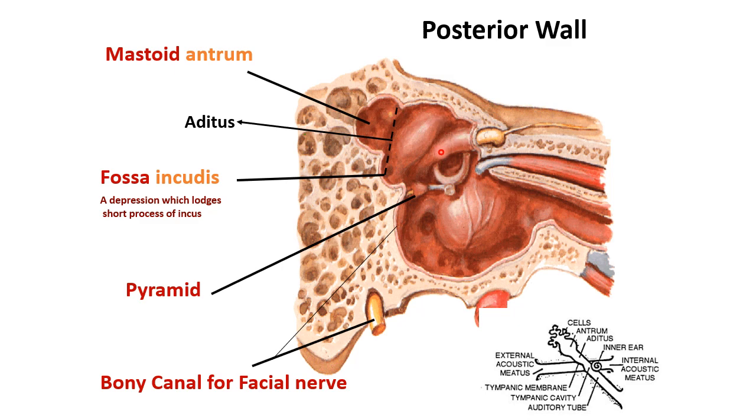It runs through the medial wall and then comes onto the posterior wall. It's running in a bony canal and exits through the stylomastoid foramen. Before exiting the middle ear, it gives rise to two branches within the middle ear: one is the chorda tympani, which passes through the middle ear, and one is the nerve to stapedius. We will be doing the facial nerve in detail in a while.